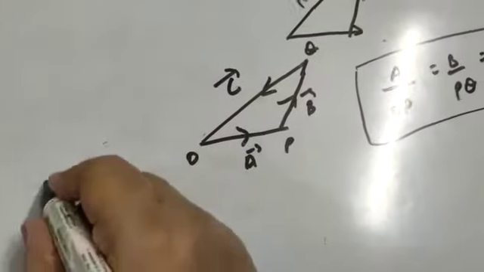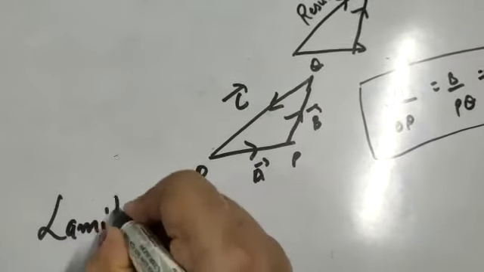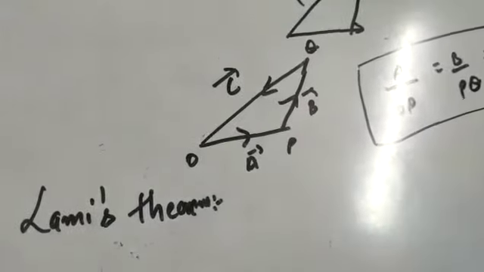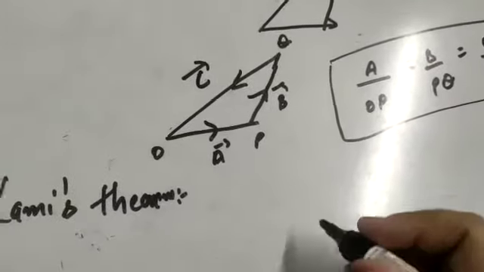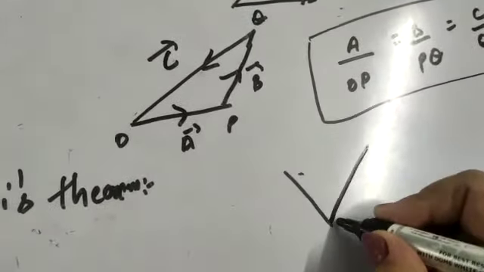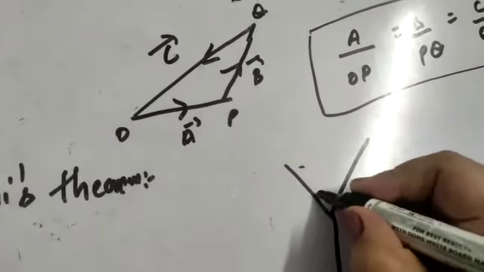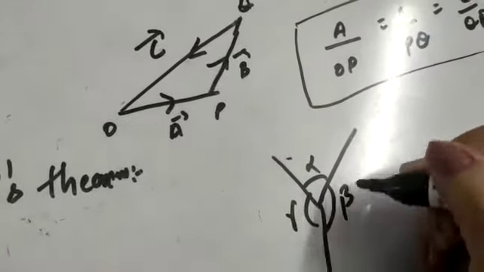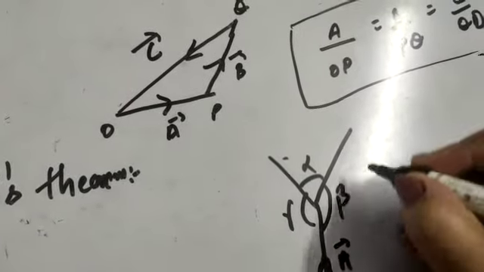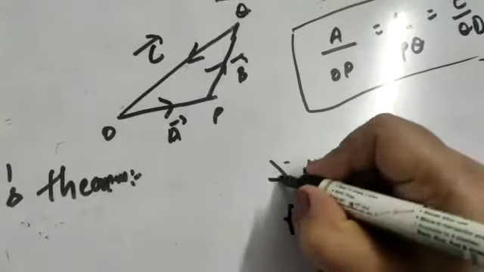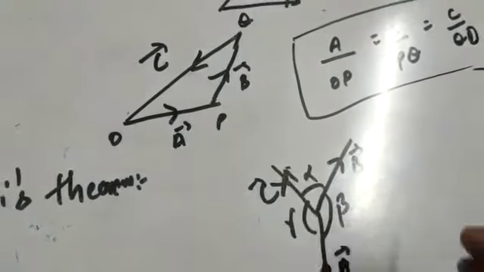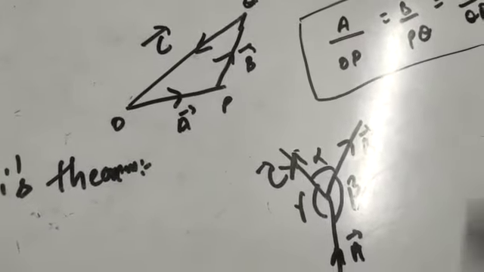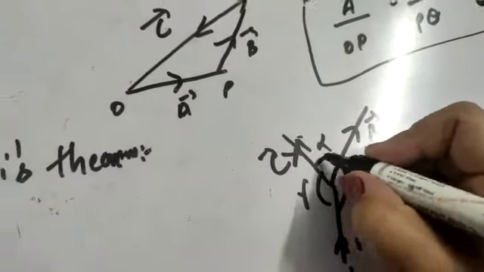According to this theorem, if three vectors acting at a point are in equilibrium, and the angles between them are alpha, beta and gamma, and the three vectors are A, B and C, then the ratio of each vector to the sine of its opposite angle is equal.